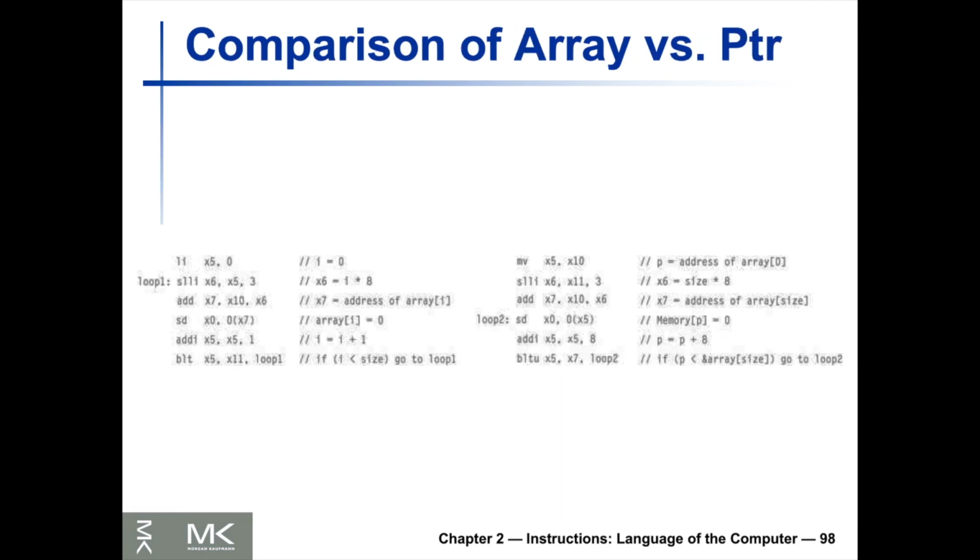All right. So now, if we take a look at the different assembly generated by clear 1, which was the array version, and that was the pointer version.